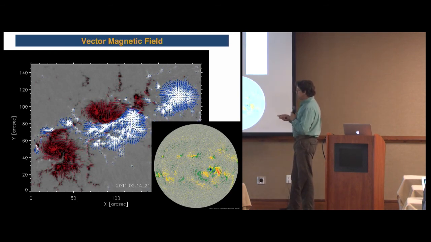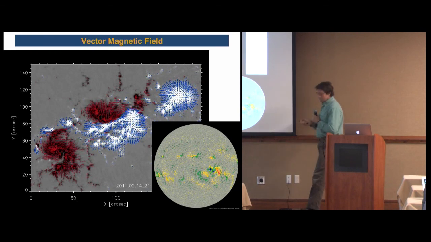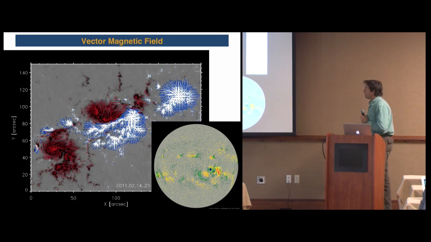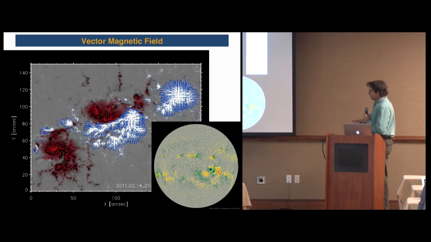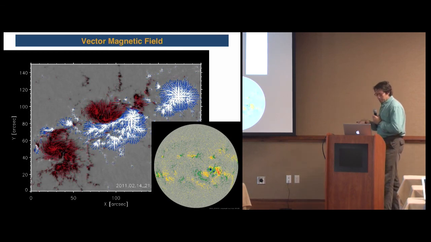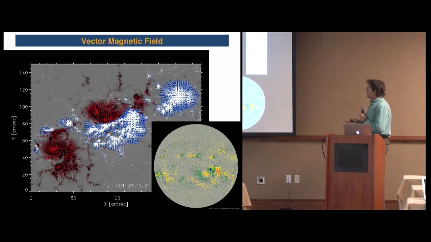So positive coming out of the screen, black is negative going in, and the arrows are showing the direction of the horizontal magnetic field. So this is known as a vector magnetograph, which we can produce from the spectral lines and from Zeeman splitting. So we can infer the intensity of the magnetic field in the sun, and this is the region where these strong eruptions occur.